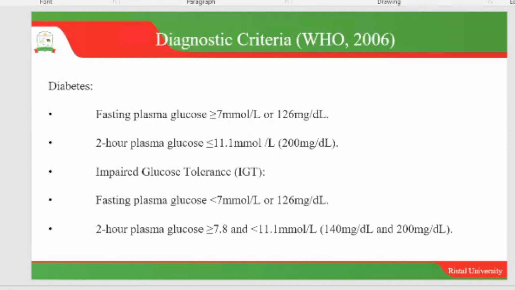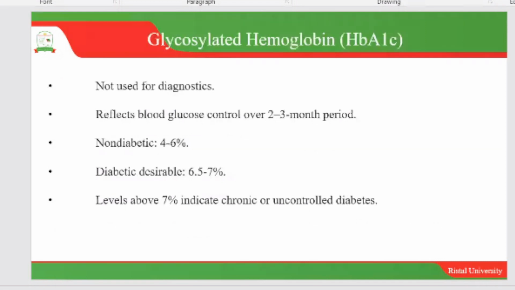So glycosylated hemoglobin is a hemoglobin which has glucose attached to it. So in our normal blood, if the glucose that is attached to the hemoglobin in our blood is 4 to 6%, it is considered to be normal.